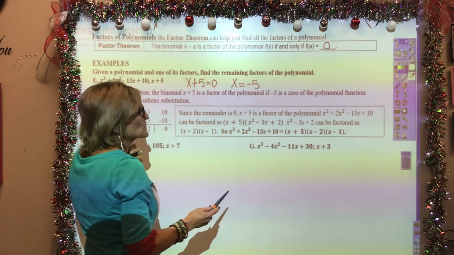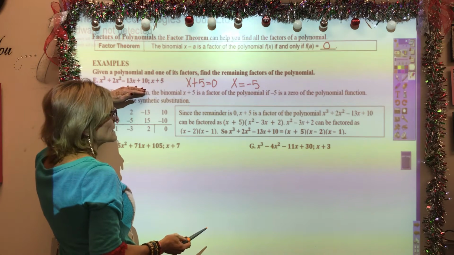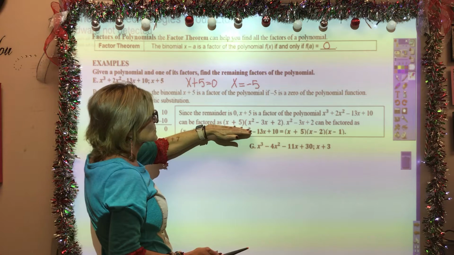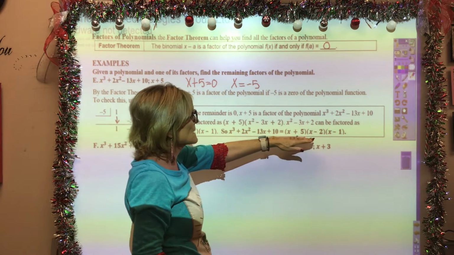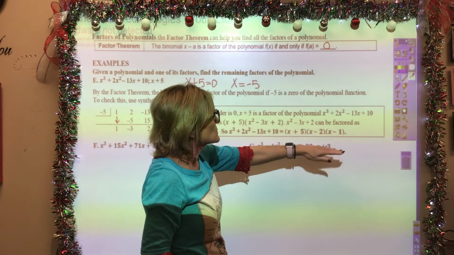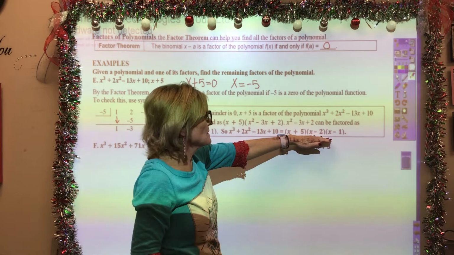So the factored form of our initial polynomial is x plus 5, which was our initial factor, x minus 2, and x minus 1. And that's how we're going to write our answers, in complete factored form.